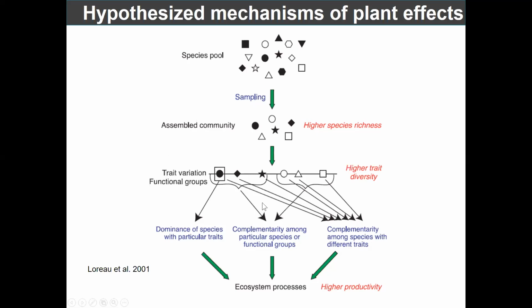As you can see in the diagram, it's a continuous variation among communities. And this diagram highlights the importance of measuring not only species abundance, but also the intraspecific and interspecific variability among traits, to be able to disentangle whether the mass ratio hypothesis, related to the dominance of a species with particular traits, is the mechanism explaining more changes in one ecosystem process, or whether these processes are strongly explained by niche complementarity.